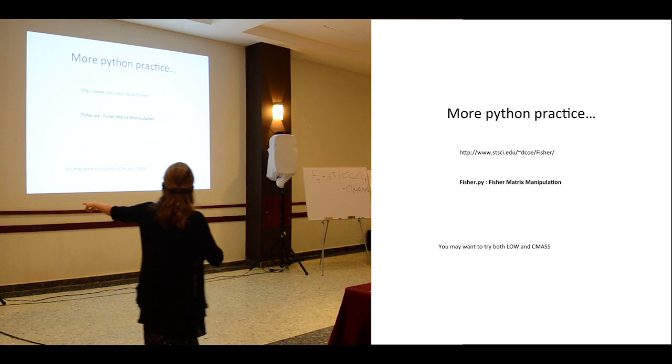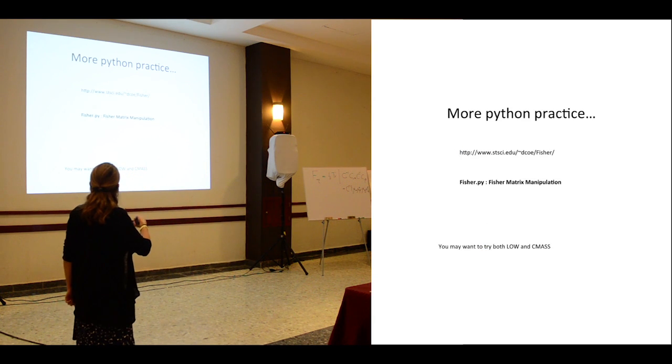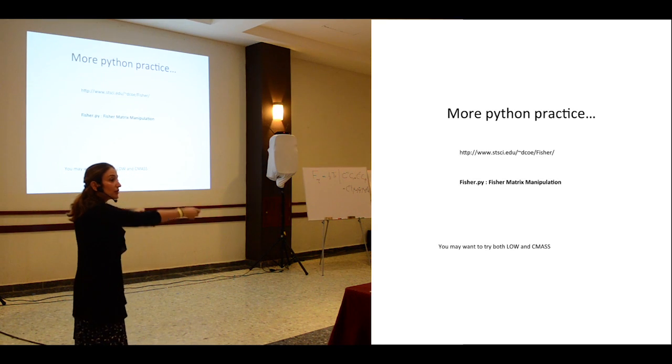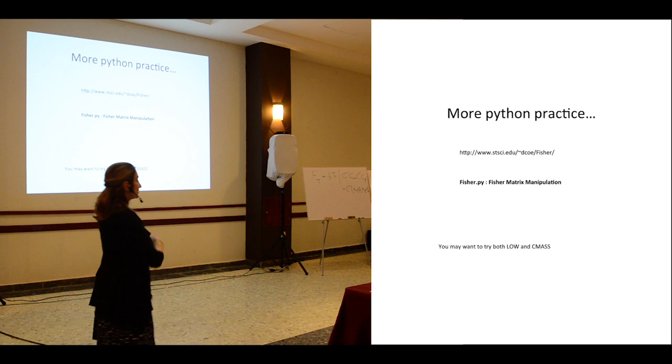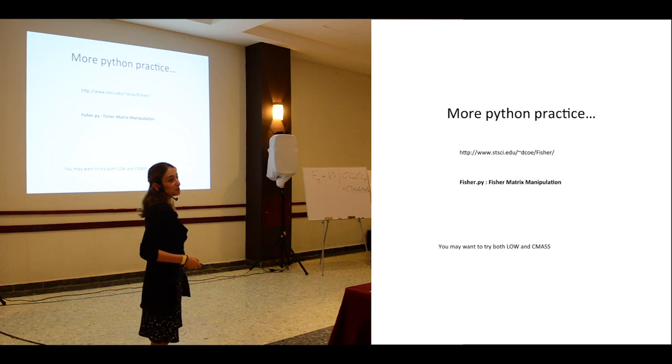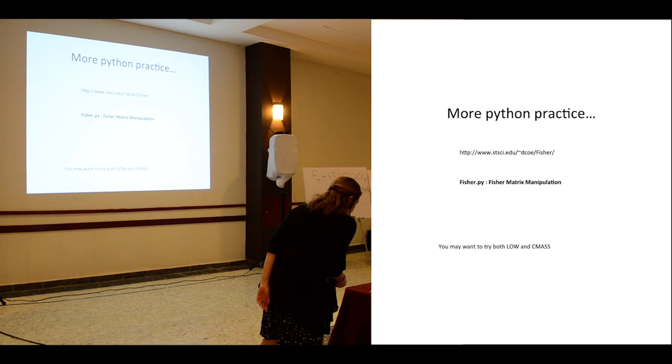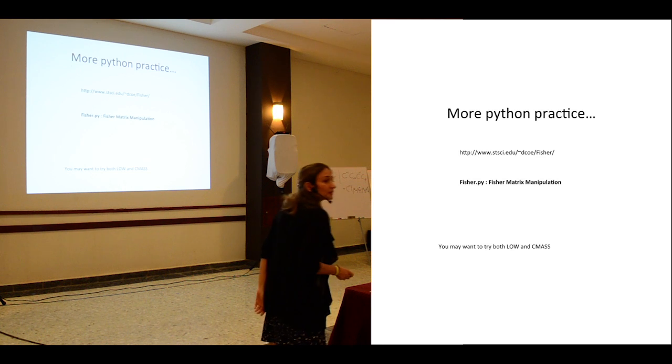The other way is to just go to the website, download this Fisher.py, give it the Fisher matrix, and tell this Python code to draw the ellipses. That's the other thing you will do. So I think I'll stop here.